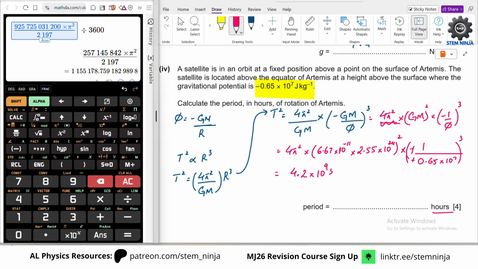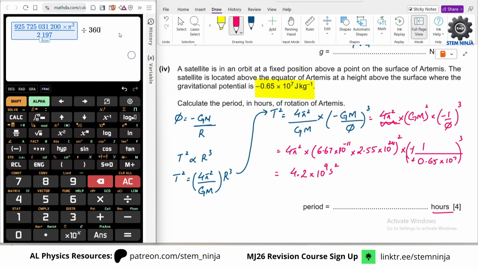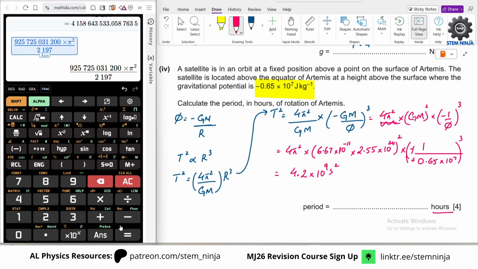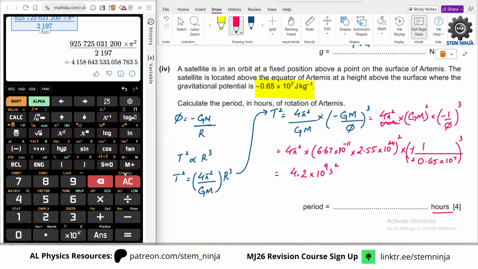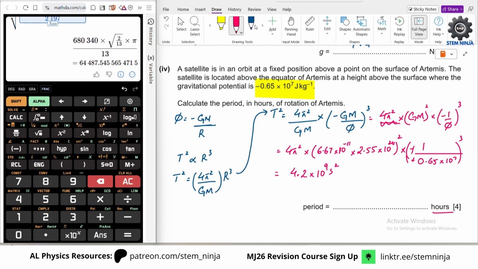Oh, sorry. No. Even before that, first off, we need to take the square root. Okay. So just to make sure, the square root of the answer is your time period.